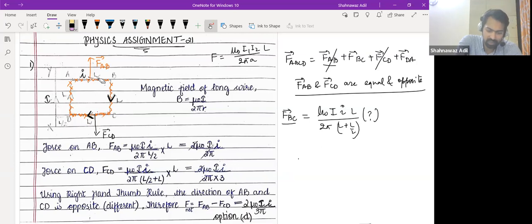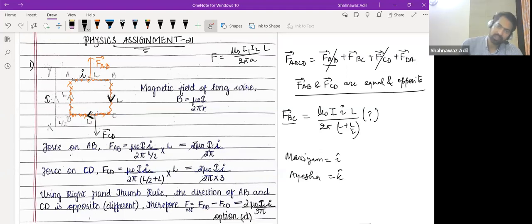So what would be the direction of the force? Yes, everyone. Aisha and Saad, this question is for you also. Outwards. Okay. Mariam is saying I hat. Aisha is saying outwards, meaning K hat, and this is I hat.